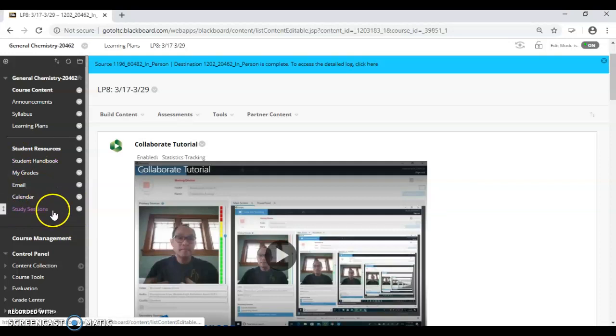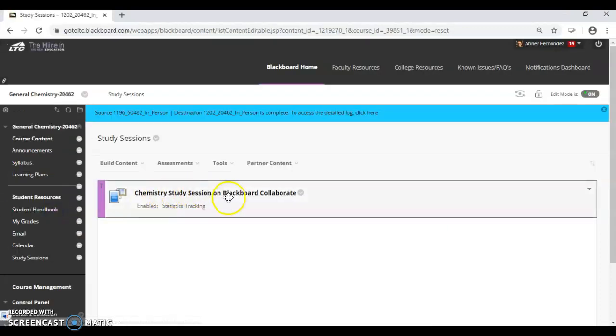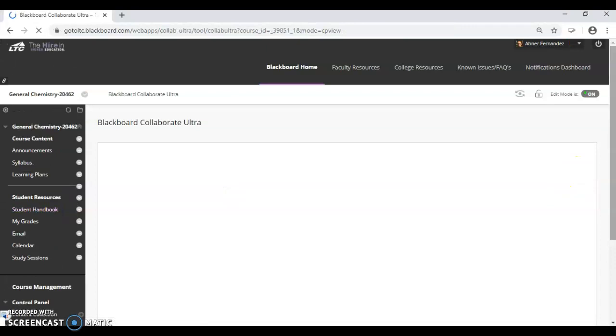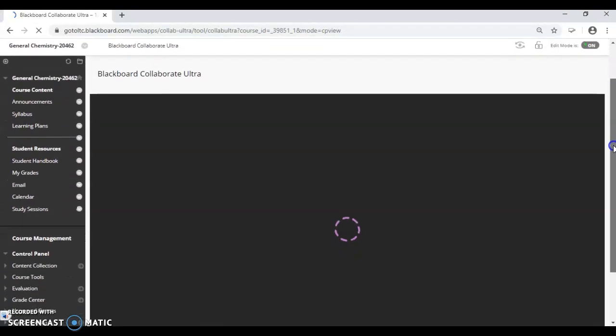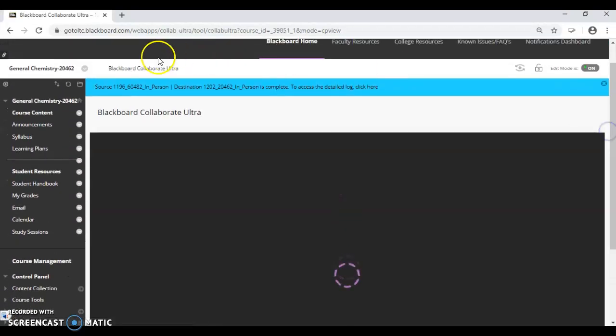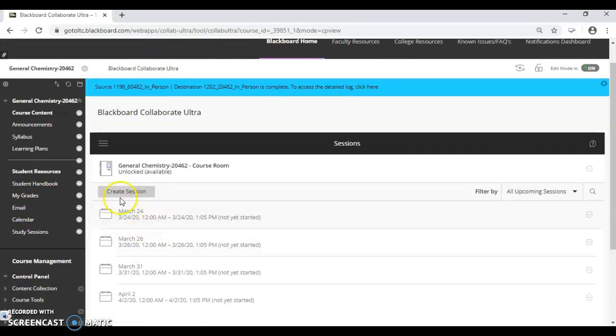So you can click on this, and if you access them further, during the times that you were supposed to meet, those sessions, as you can see, there's one set up for the 24th, the 26th, the 31st, and the 2nd. So all of these are obviously during the normal times that you would normally take a study session. All right. So again, please make sure that you avail yourself of these study sessions.